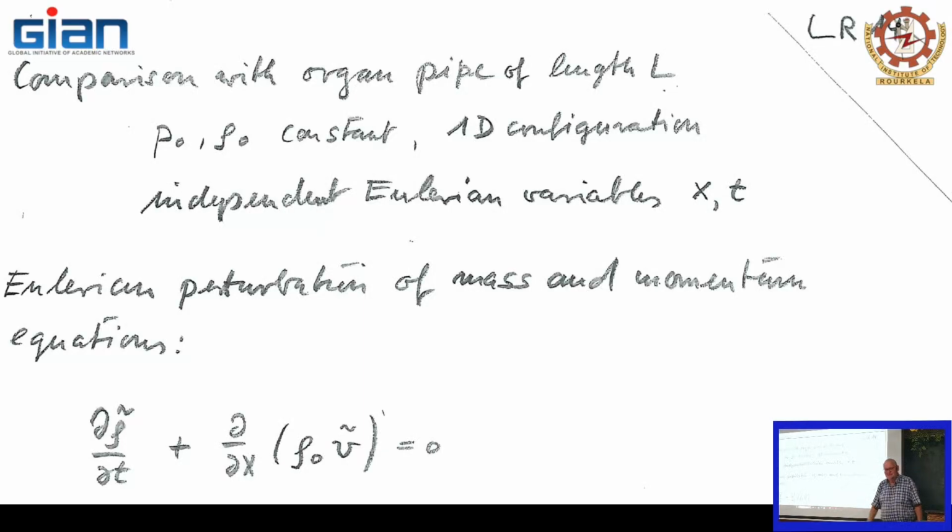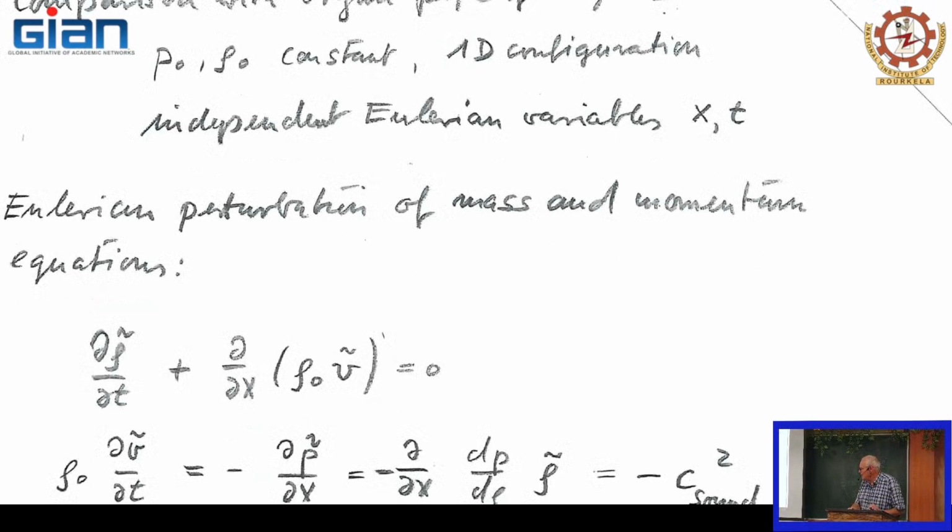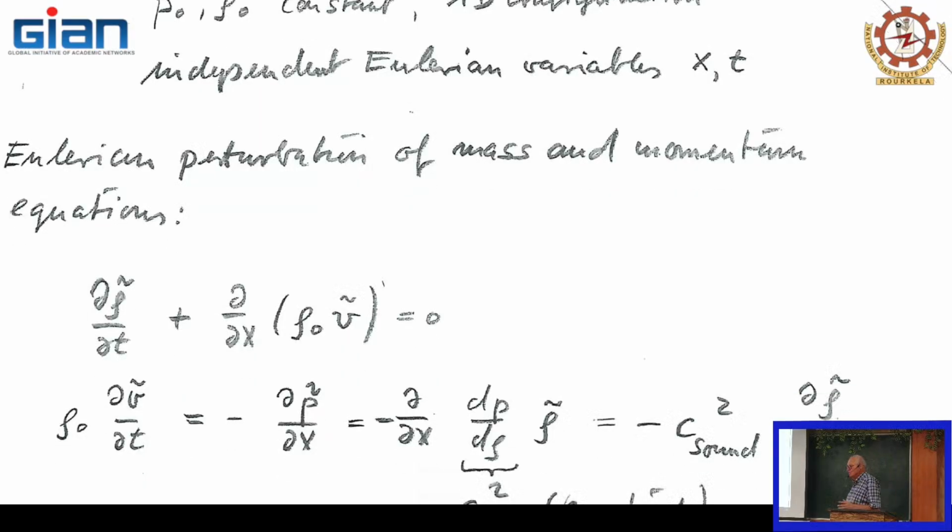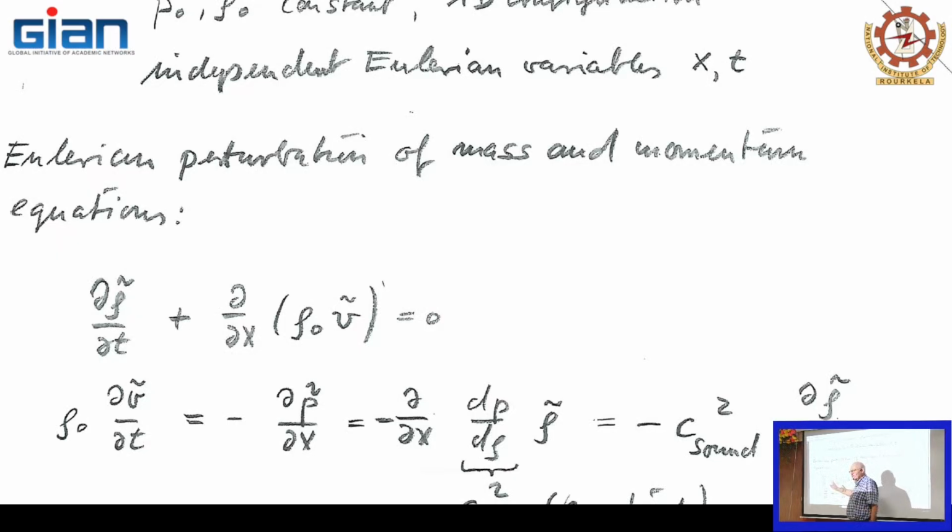Okay, let me just introduce first of all the equations. Mass and momentum equations need to be considered here. Mass conservation is the partial derivative, the Eulerian time derivative of density, plus the divergence of rho times v. This is the mass conservation equation.